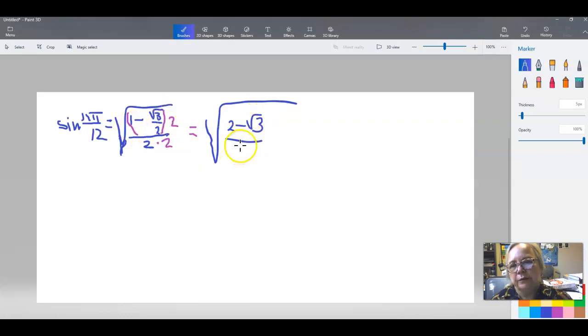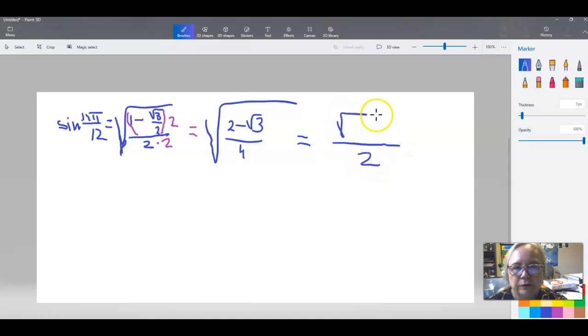And at the bottom I have 4. The square root of 4 is 2, and at the top we have the square root of 2 minus root of 3. And that's the answer. We don't need to calculate the exact value, but if we do, we need to be careful: calculate this expression first, then apply the square root, and then divide by 2.